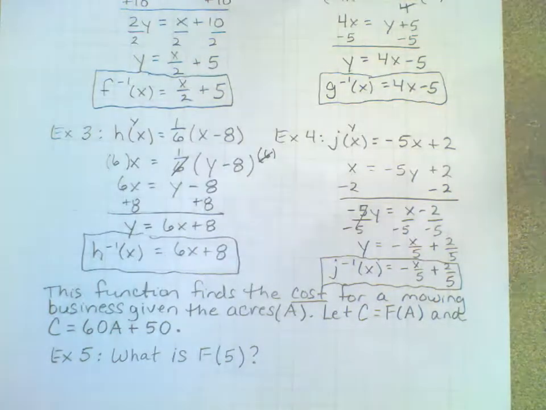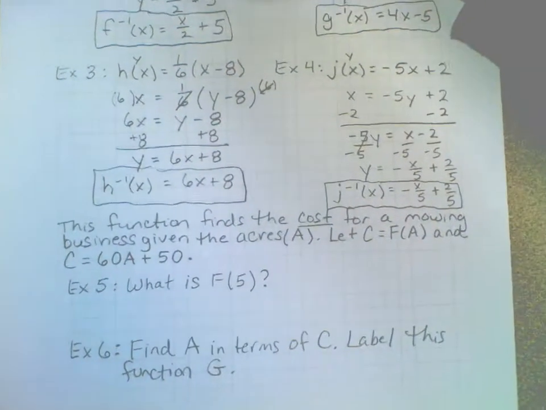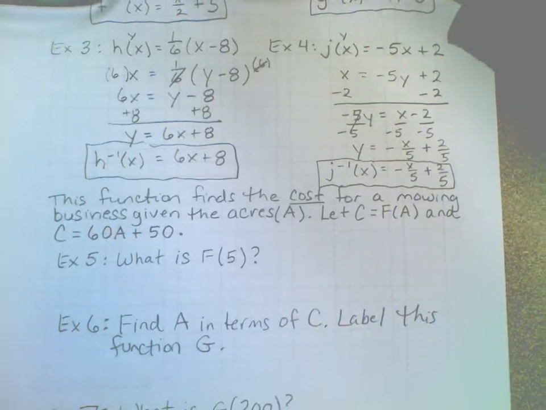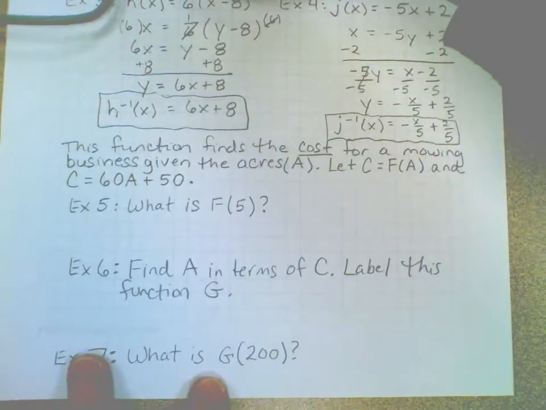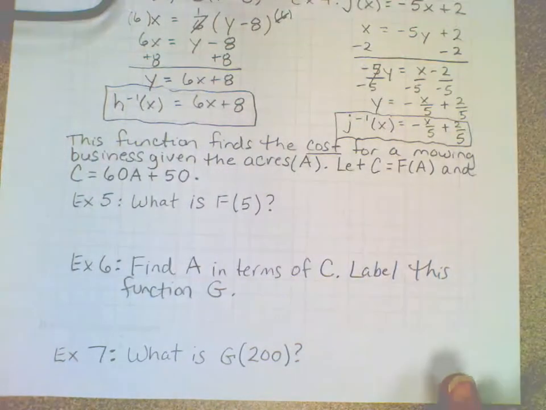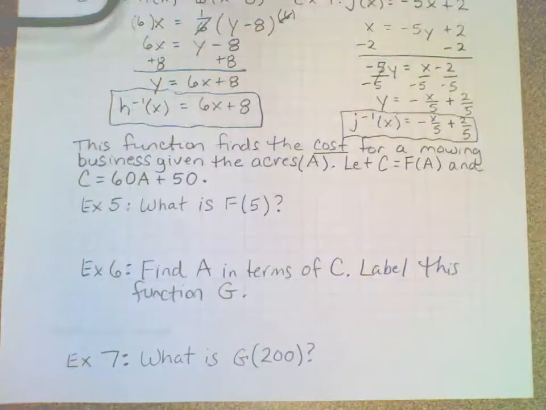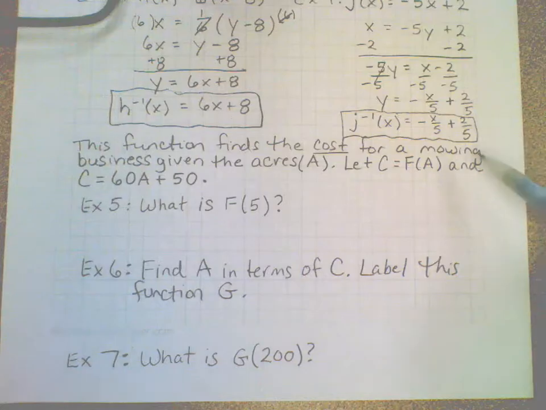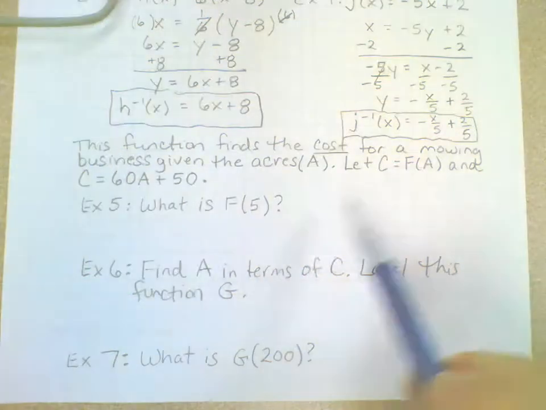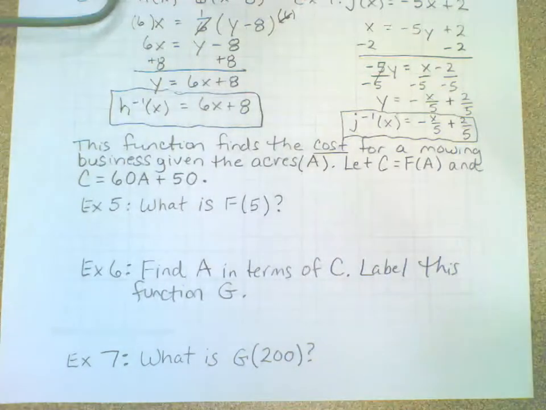Okay, now I do want to do a little word problem. You're going to see some of these on your practice and your exit tickets for this lesson. So if you could copy down that little word problem, I tried to keep it short and sweet. So this is a function that's going to find the cost for mowing lawns, basically the mowing business, and you have to know how many acres you're going to be mowing to figure out the cost.